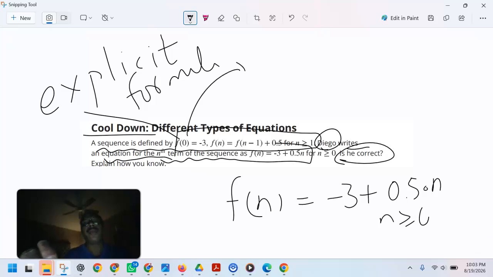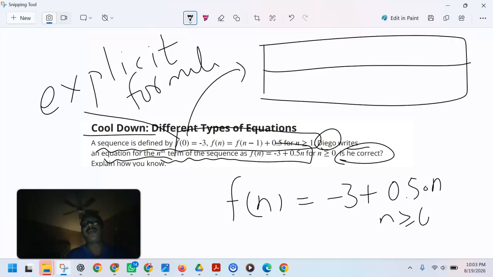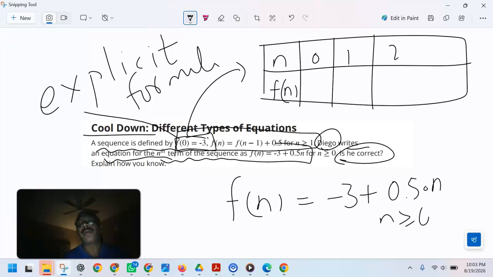Now what I would do is make a table to just make sense out of this. So this is n, this is f of n. In the beginning, it starts with n equal to 0, 1, 2, 3, and 4. It is minus 3, and what does this mean? In the previous step, one step before, you are going on adding. So from here you are adding 0.5.